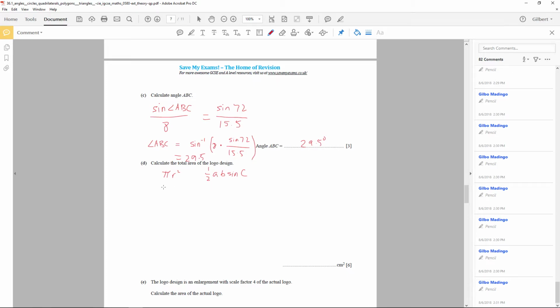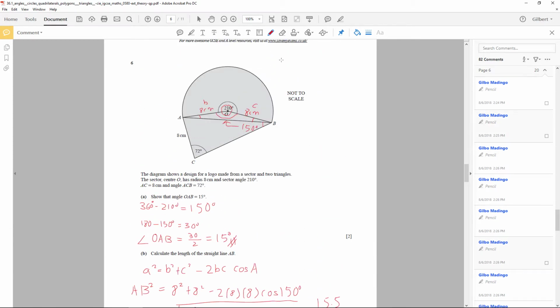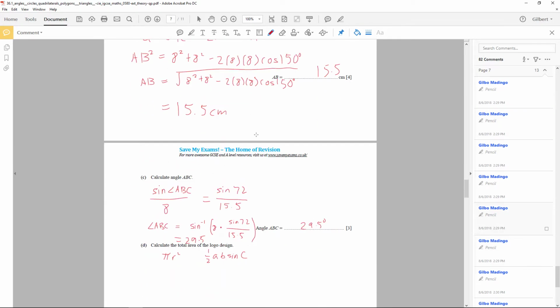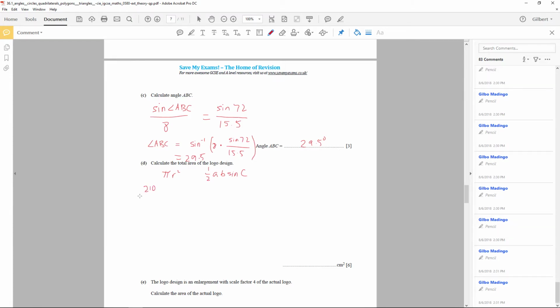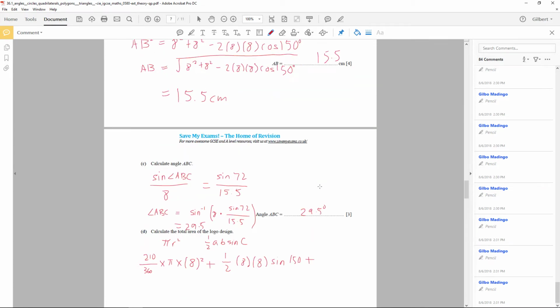Okay, so to calculate this, we know that this circle is only 210 degrees wide. So using 210 over 360 times pi times r, which was 8 square, plus the first triangle, half 8 sine 150, plus the next triangle.